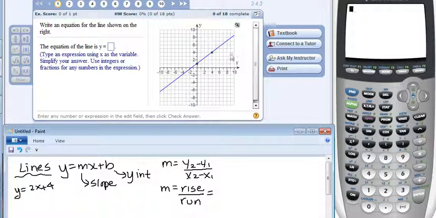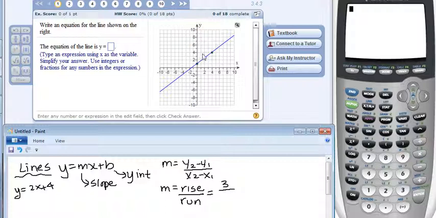Now I can see that my line is tipped upward, so I'm going uphill. So it's going to be a positive number. If I have to get from this point to this point, what am I changing as far as my rise goes? I start here and I go 1, 2, I have to go up 3, right? So there's my rise. I'm changing 3. And then from this point here, how far do I have to go over?